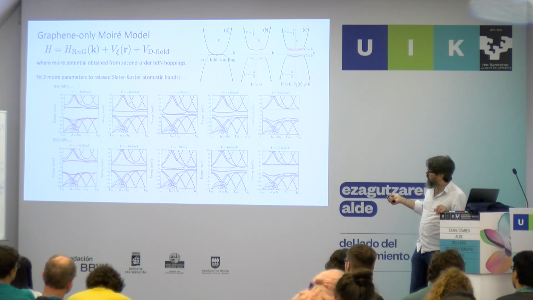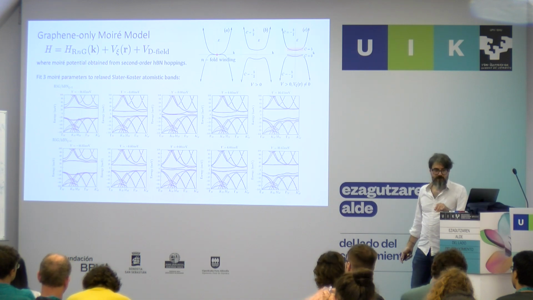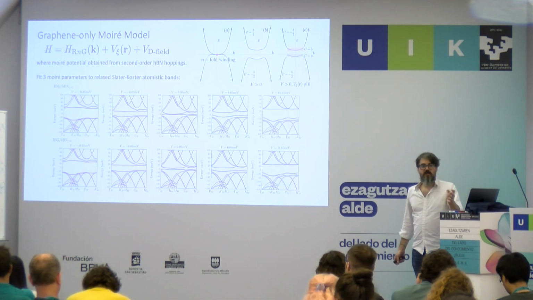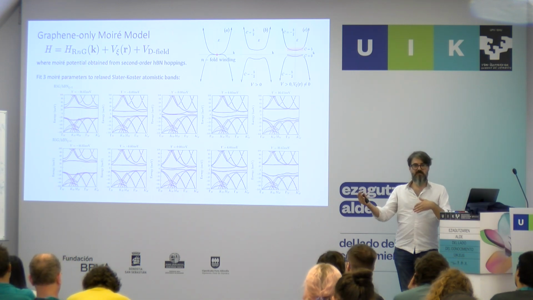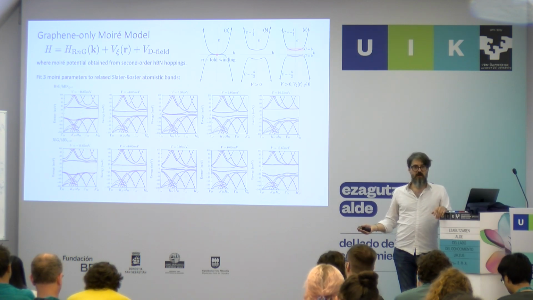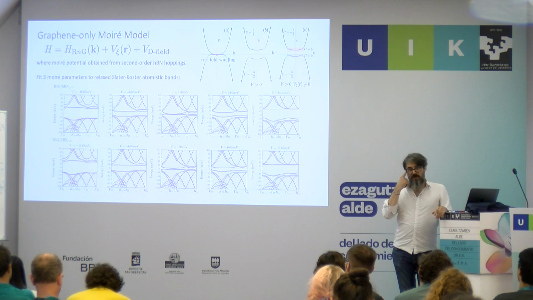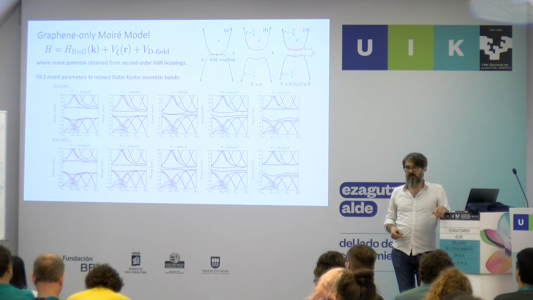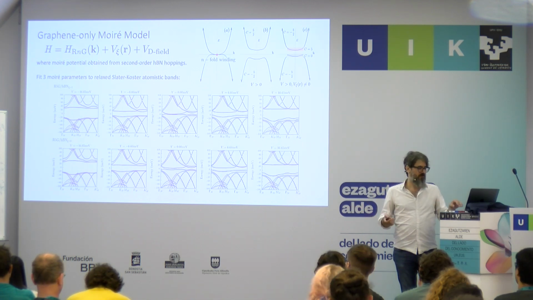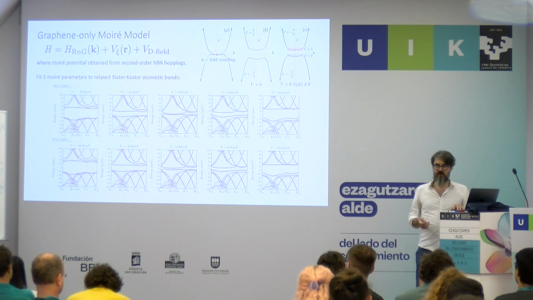We have some trigonal distortion, etc., but you see the fitting is very good. So is it clear what's towards the moire and what's away from the moire, and why the conduction bands don't feel the moire, but the valence bands feel the moire? If it's not clear, tell me.